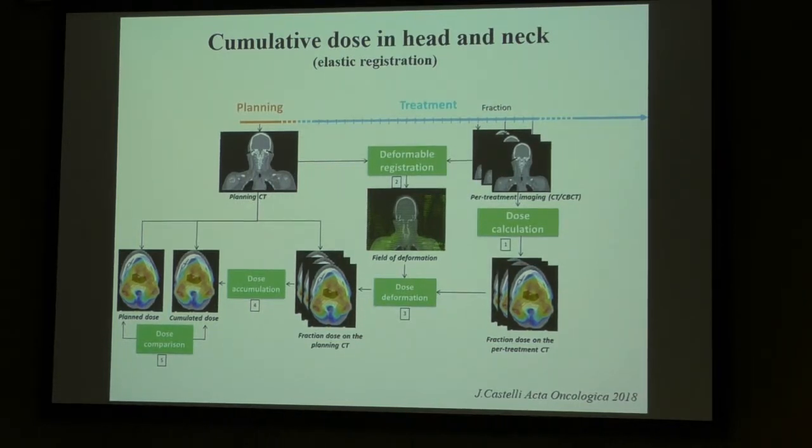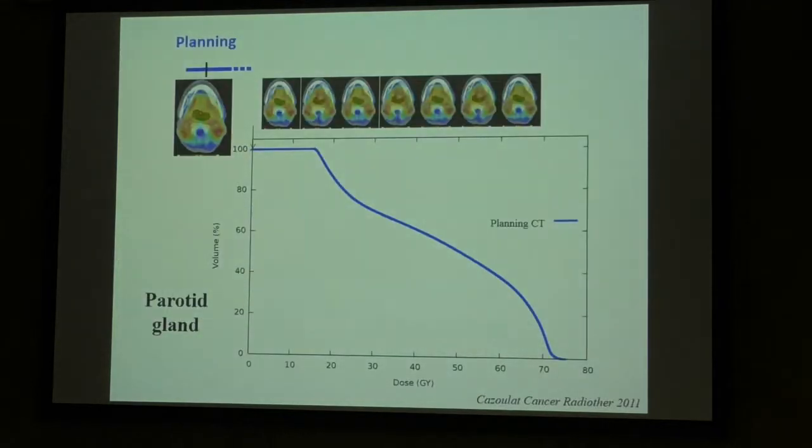which can be discussed, because, as I will say after, elastic registration is acceptable when you have a deformable structure like rectum and bladder. But when you have tissue disappearance, like for the tumor or for the parotid, it may not really be correct to consider the elastic cumulative approach.